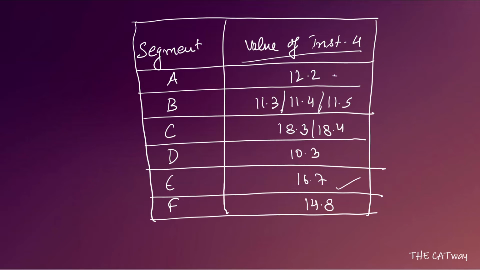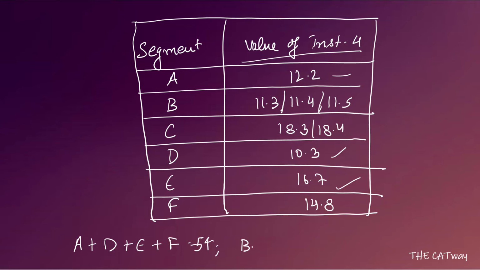Let's add it. 12.2 plus 10.3 will give me 22.5. Then we will add 16.7 to that. We will have 39.2, and then we will add 14.8 to that. So A plus D plus E plus F would give me 54.